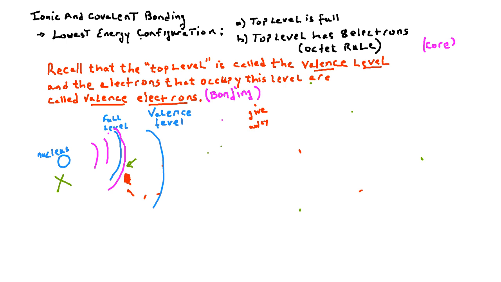Remember we said the Roman numeral now tells you how many valence electrons. So in group 5A, that means there's 5 valence electrons, 1, 2, 3, 4, 5. Now, what could this do? Well, it could lose 5, right? If it lost those 5, then the upper level would be full.